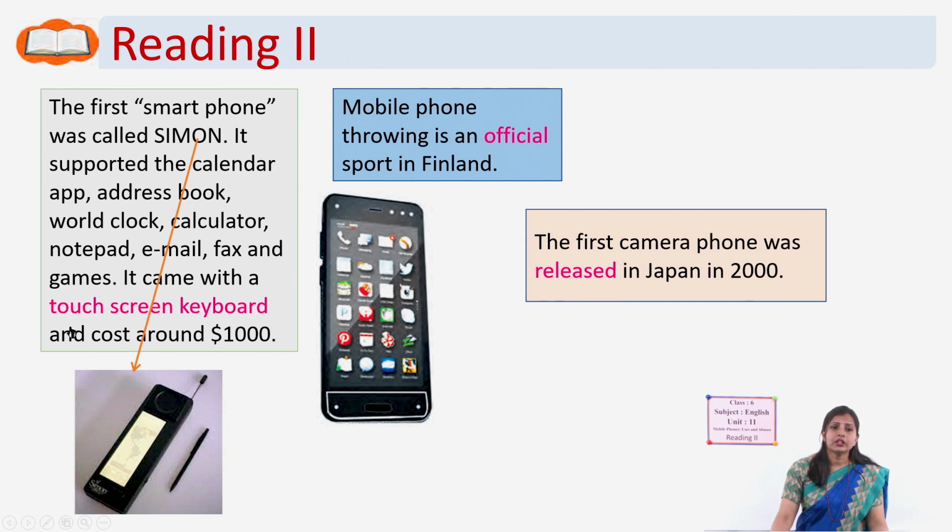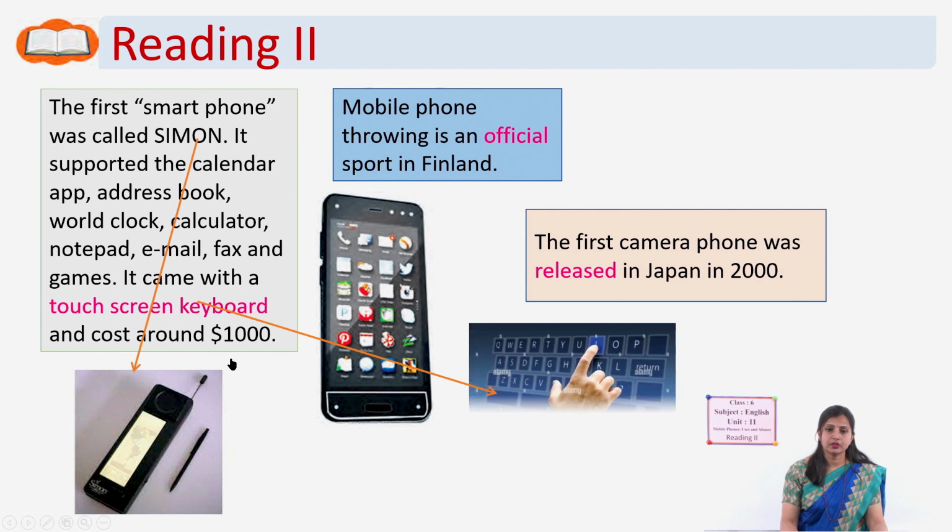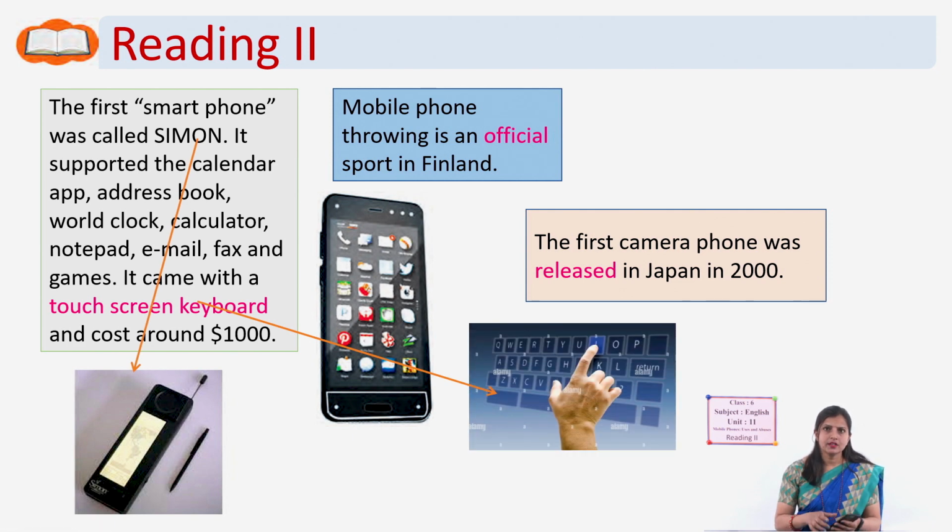It came with a touch screen keyboard. What do you mean by touch screen keyboard? Like in your mobile phone, there isn't a physical keyboard. You just type on the screen. That is called touch screen keyboard, and it cost around $1,000.